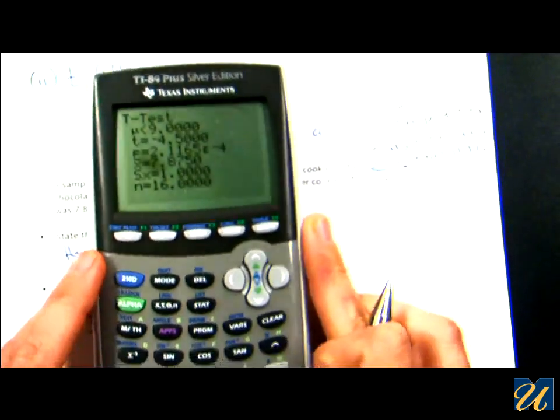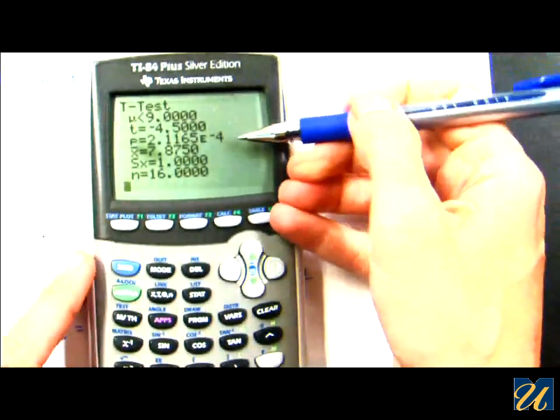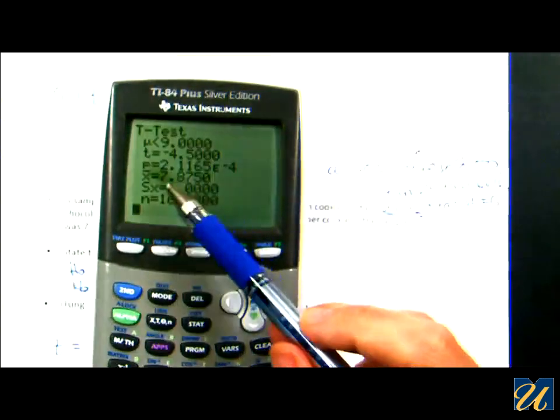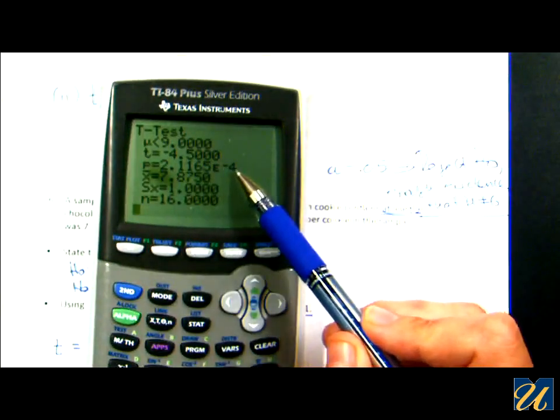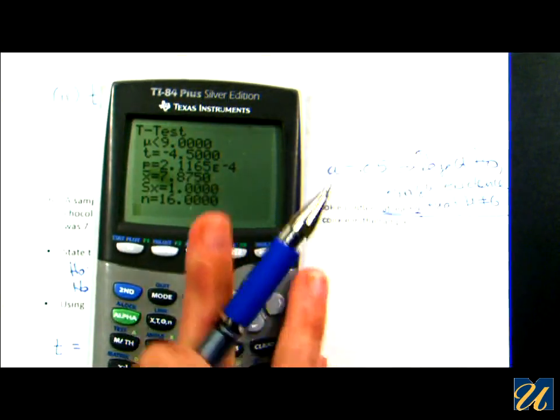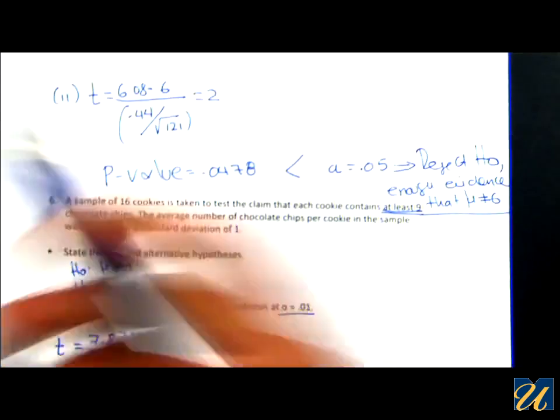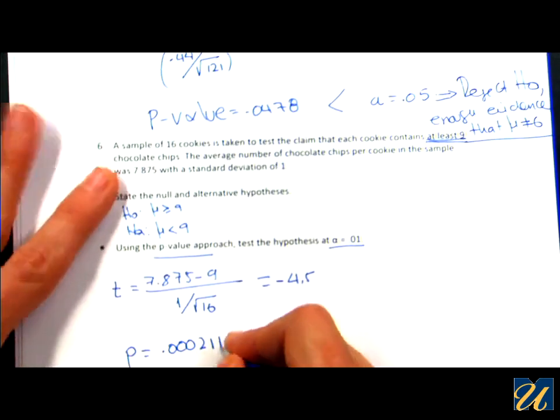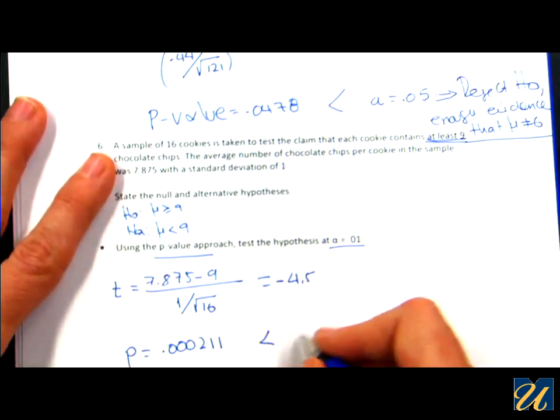If you end up with something like this, do not be alarmed that you made a mistake. This basically tells you that you have to move this point 4 positions to the left. So that means that the p-value is really, really small. So the p-value in this case is equal to 0.000211, which is less than alpha.